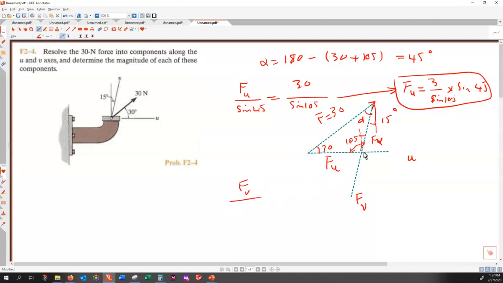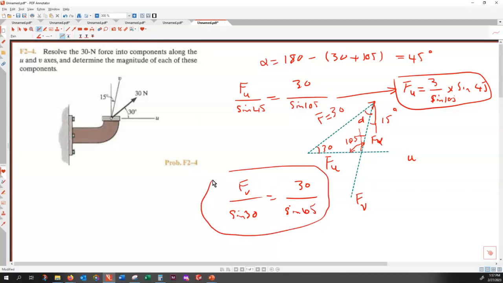F of v divided by sine 30 is 30 divided by sine 105. And from here, we get the v component is 30 over sine 105 times sine 30.